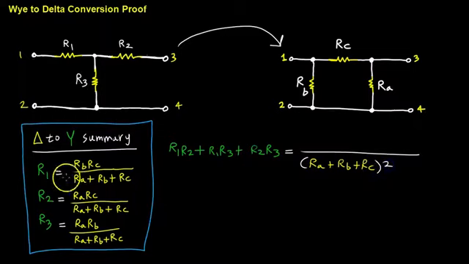And on the numerator, we're going to see that we have R1, which is RBRC, times R2, which is RARC. So we have RC squared there, RC squared times RARB.